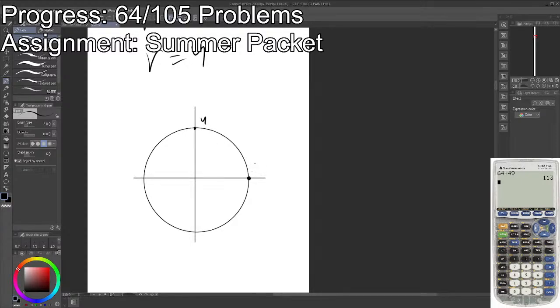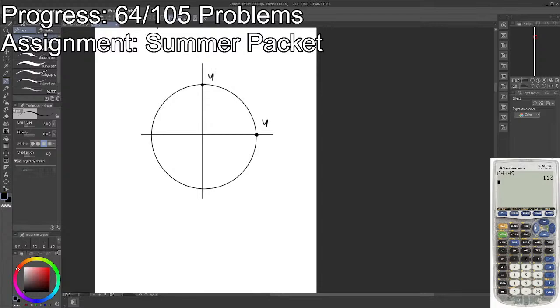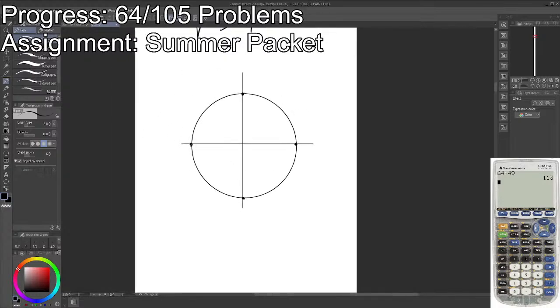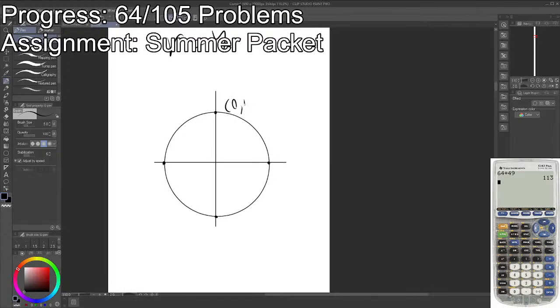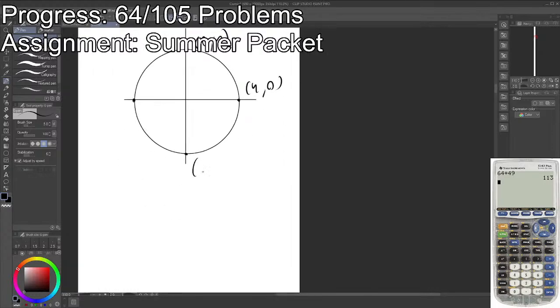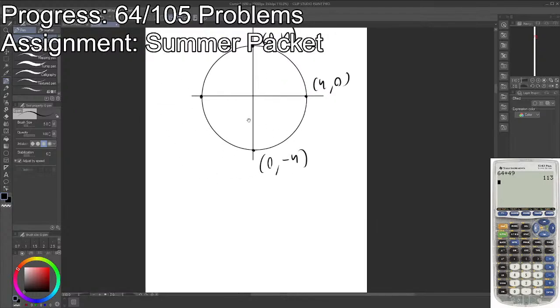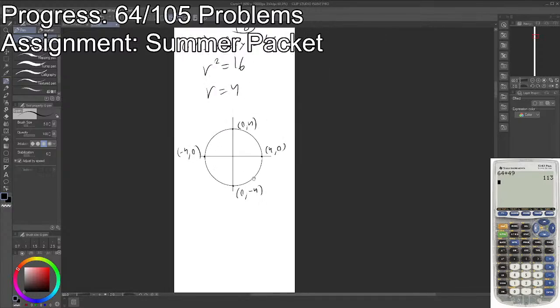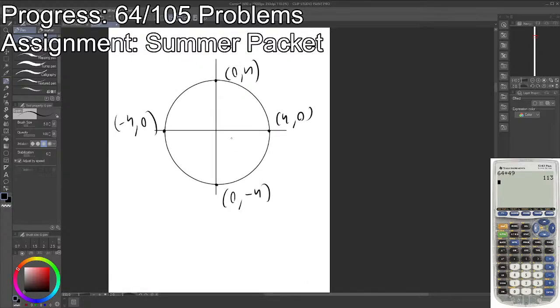I do actual coordinates, I guess. 0, 4, 4, 0, 0, negative 4, negative 4, 0. Sick. Love this. And that's it.